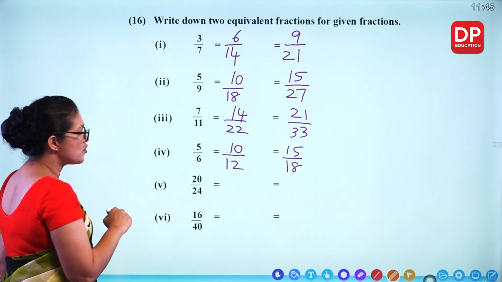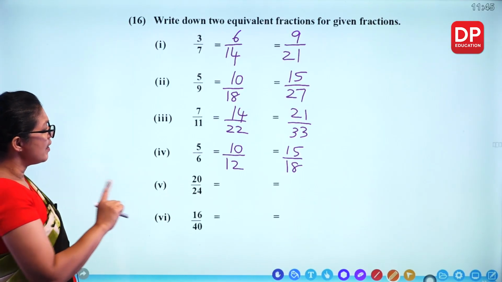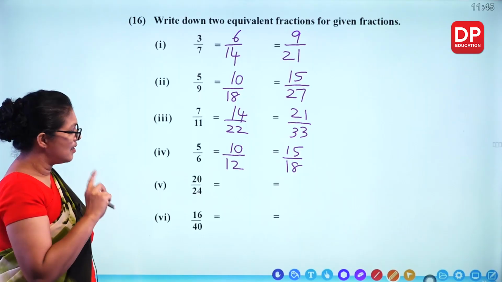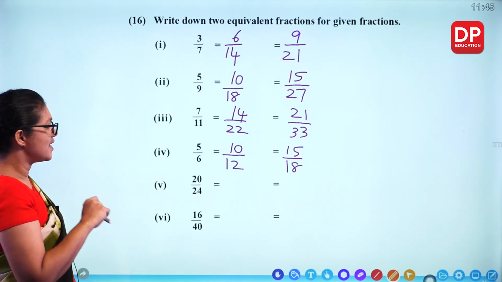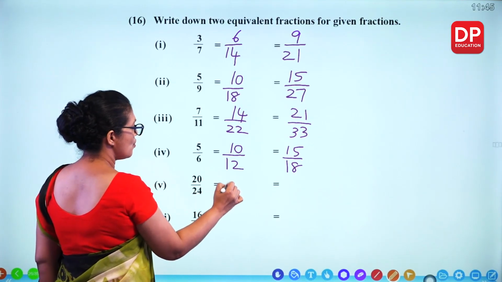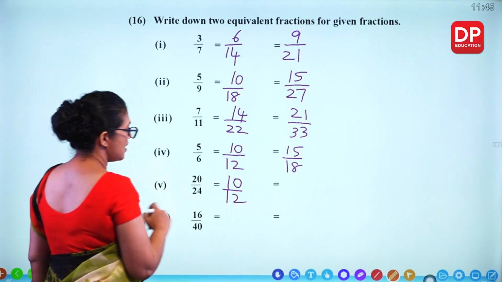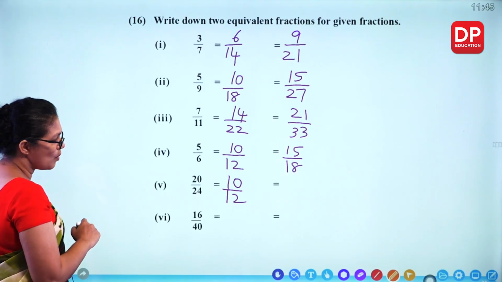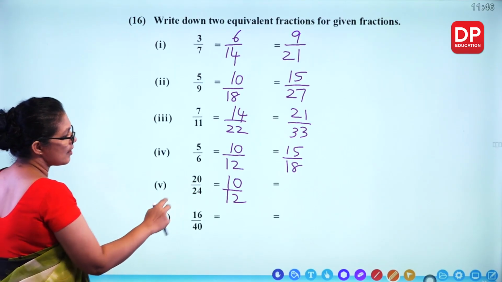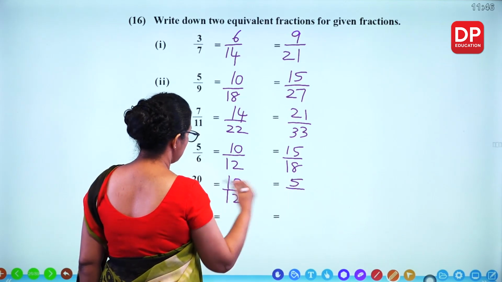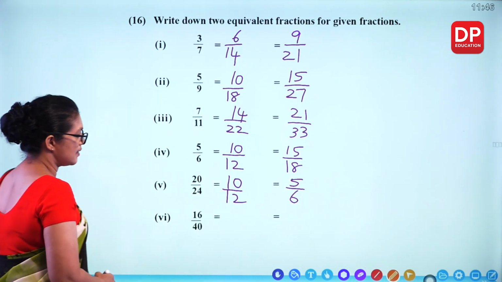Here, this one, bigger numbers are there. You can divide. Divide by 2, you get 10 and 12. Divide by 4, you get 5 and 6.